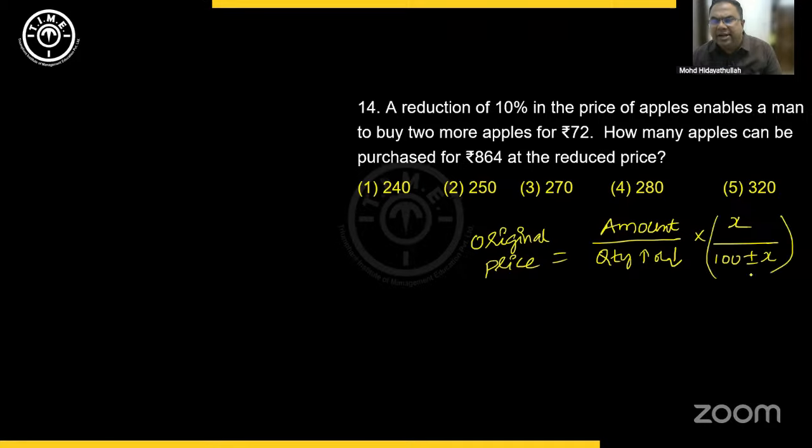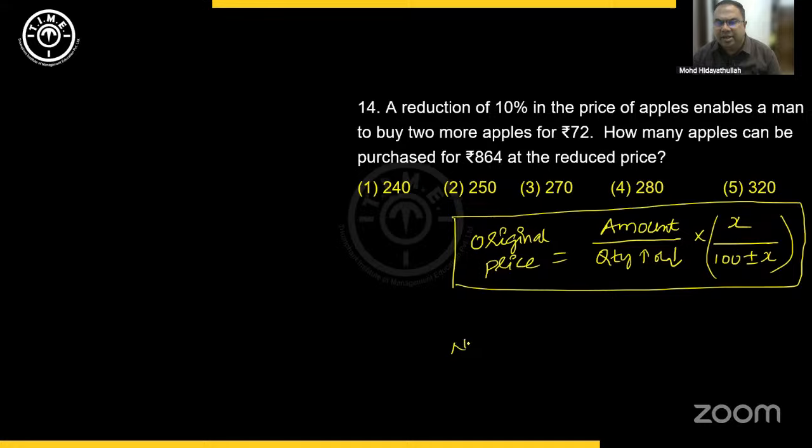Increase means we take plus, decrease means we take minus. X is the percentage reduction. If I am asking you to find the new price, it will be amount. If you want to remember a shortcut formula, quantity more or less into x upon 100.